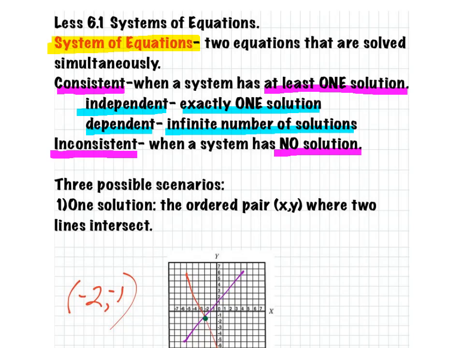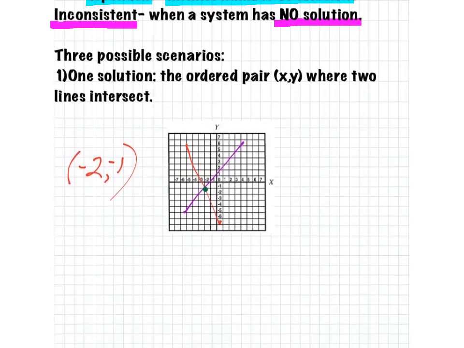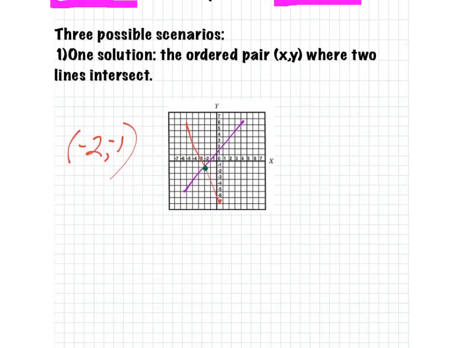Okay, so we have consistent, independent, exactly one solution. Consistent, dependent, infinite number of solutions. Inconsistent, no solution. Okay, so those are our three possible scenarios when solving a system of equations.